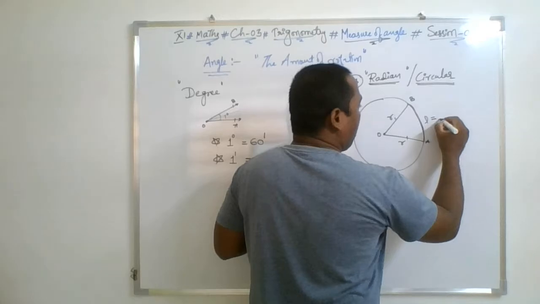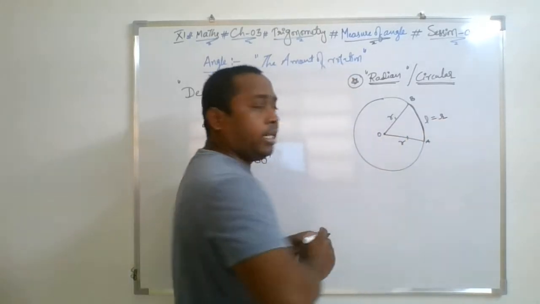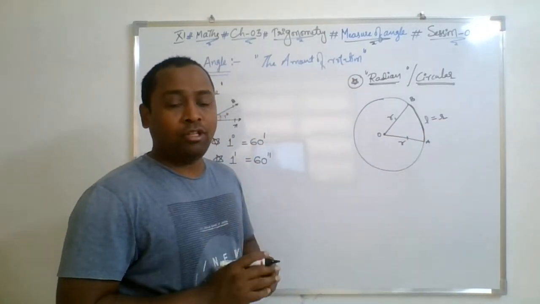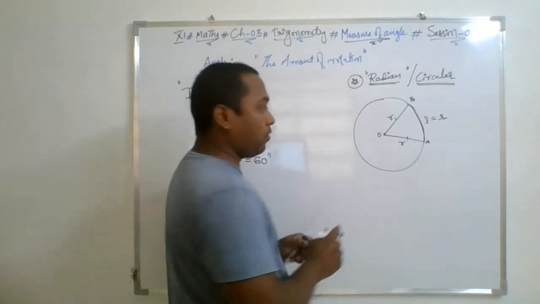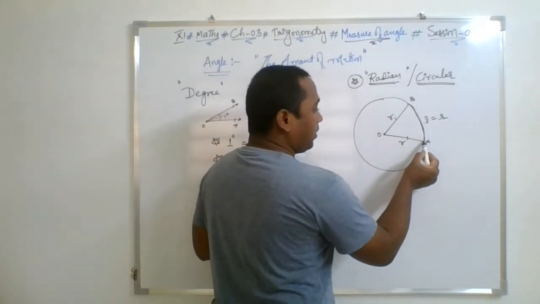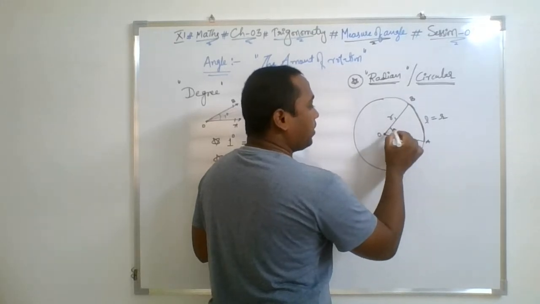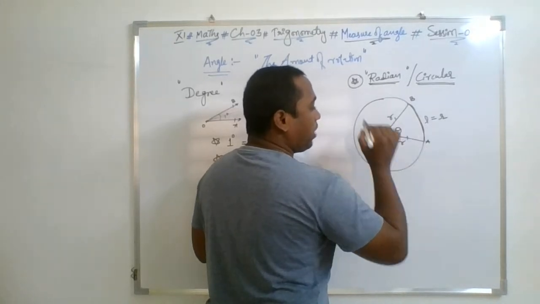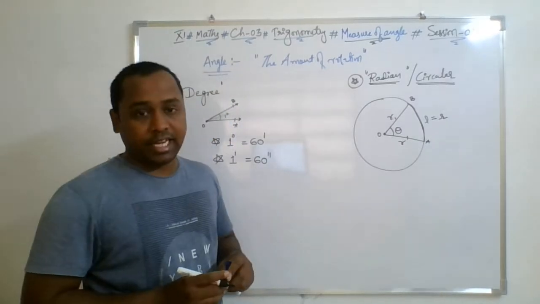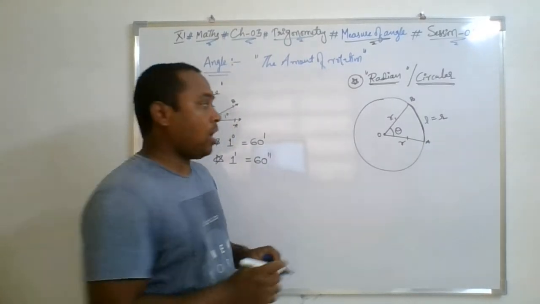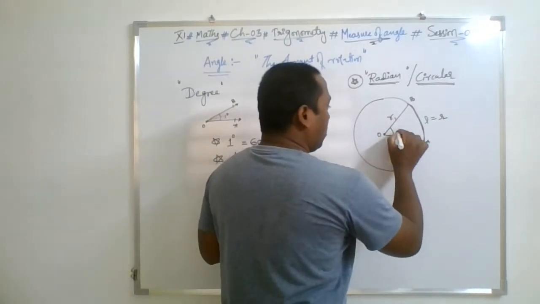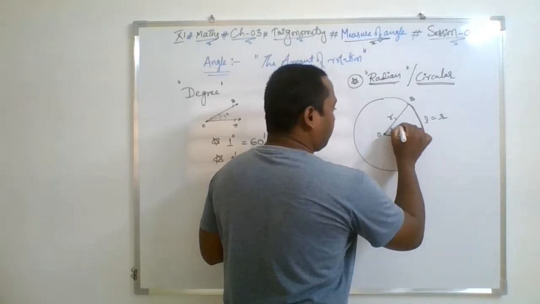If the length of arc is equal to the radius of the circle, then the angle subtended by this arc at the center of the circle is known as 1 radian.